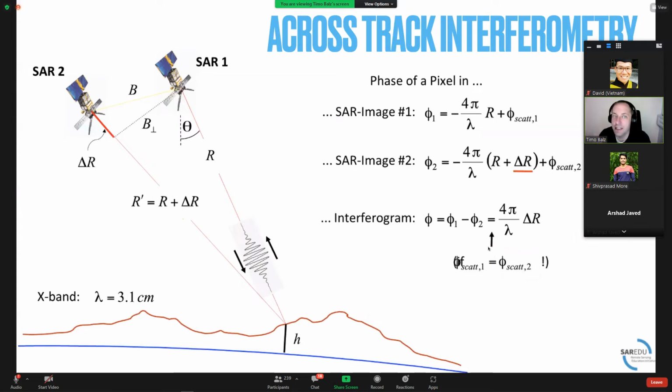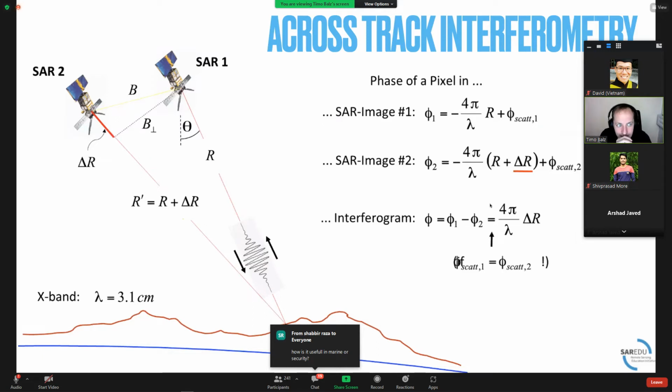If these are identical, if you match the images correctly and you're looking at the same scatterer, that will be the case. Under these circumstances, the phase that you get here can be calculated from the difference in range between these two images. Now, there's one problem in that slide. That slide is very much correct.